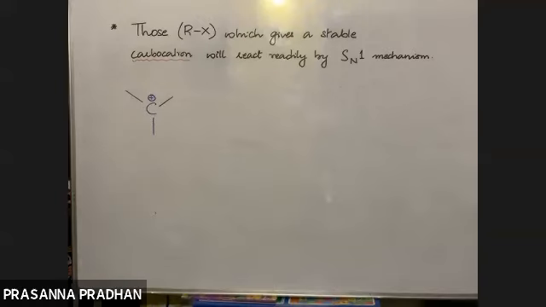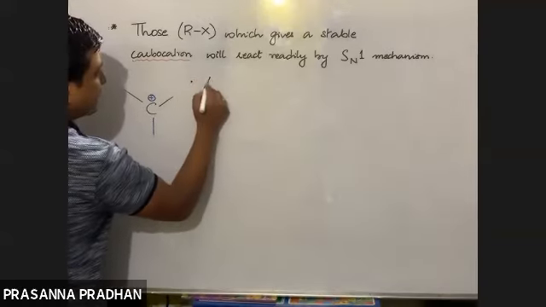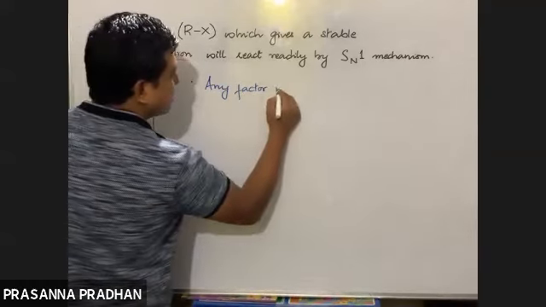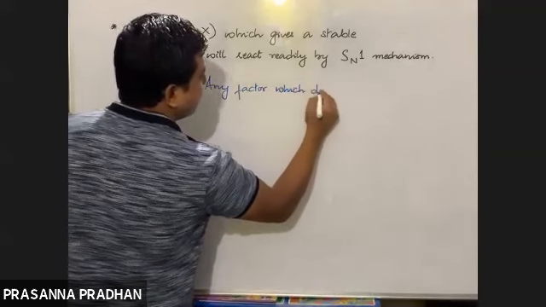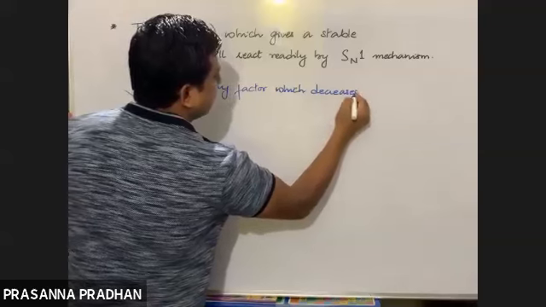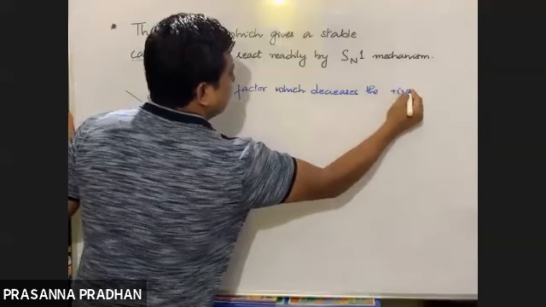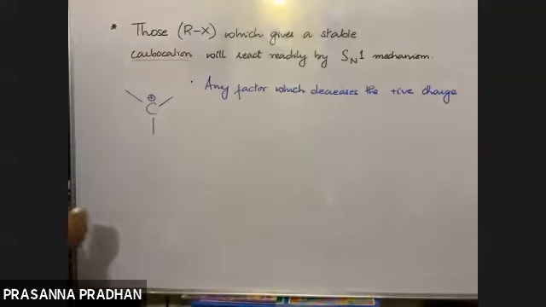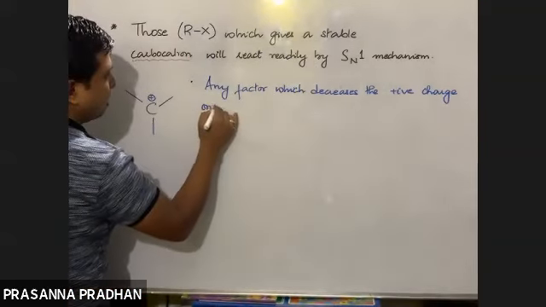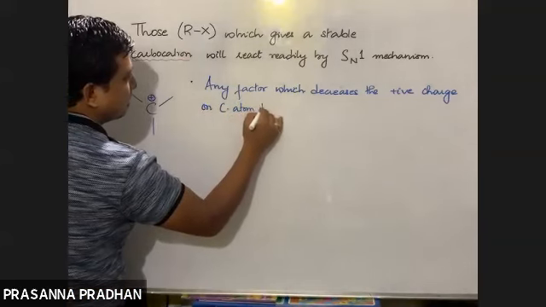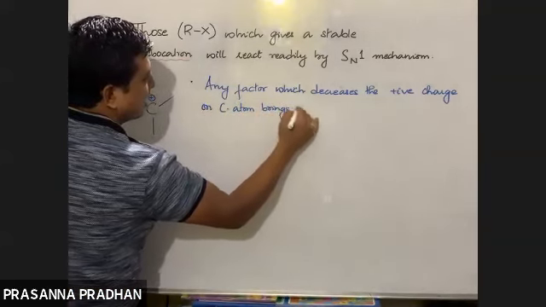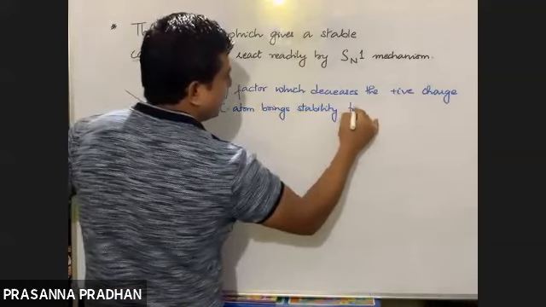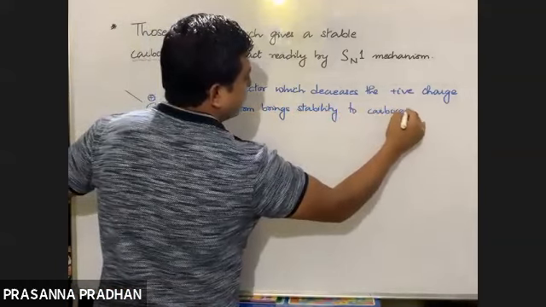Remember, write it down: any factor which decreases the positive charge on the carbon atom brings stability to the carbocation.